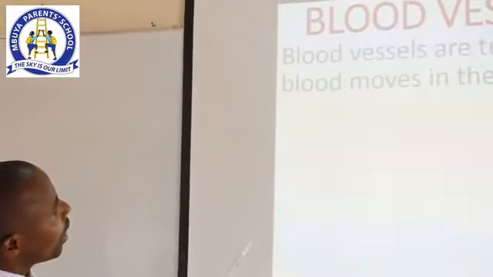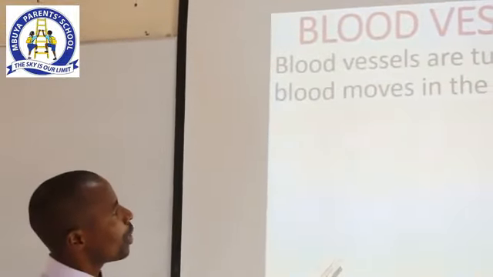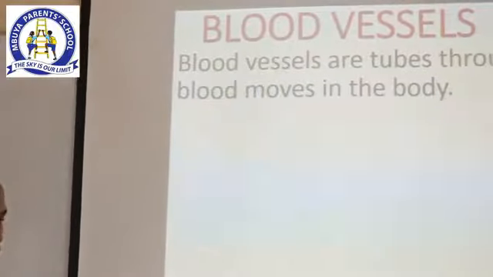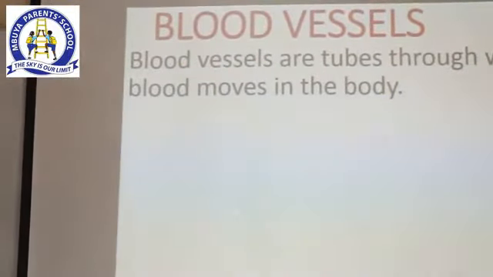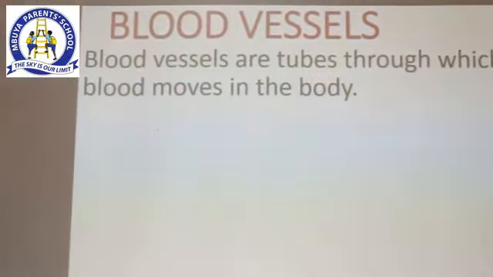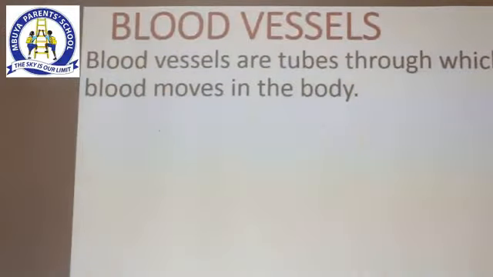As I've already told you, we're going to talk about blood vessels. When I talk about blood vessels, what are they? Blood vessels are tubes through which blood moves in the body. When blood is moving in the body, it uses those tubes.